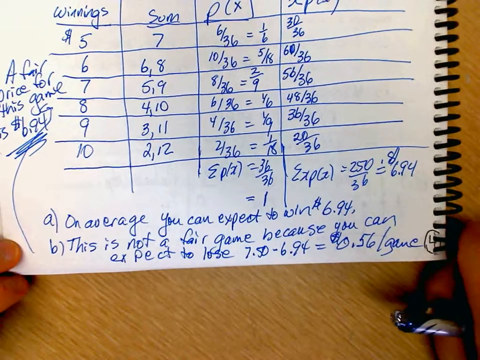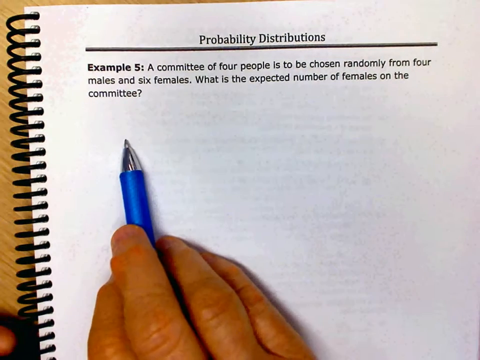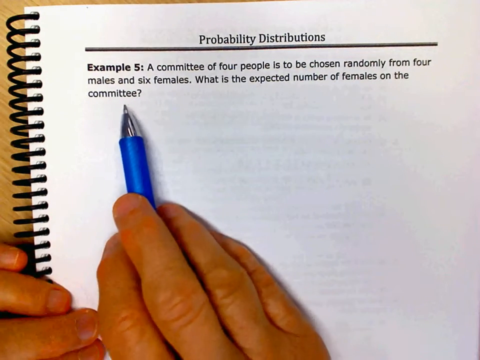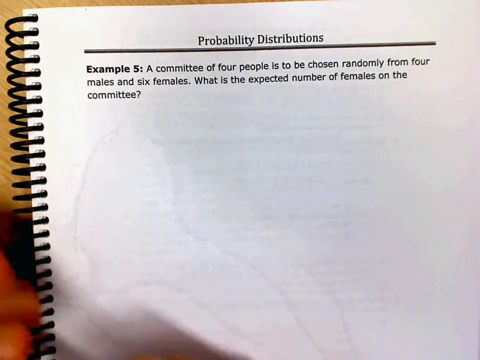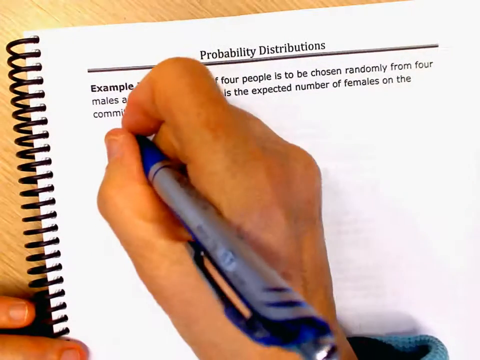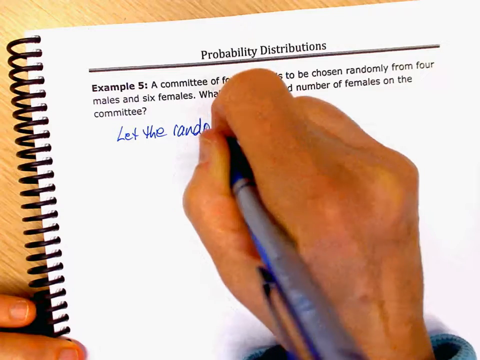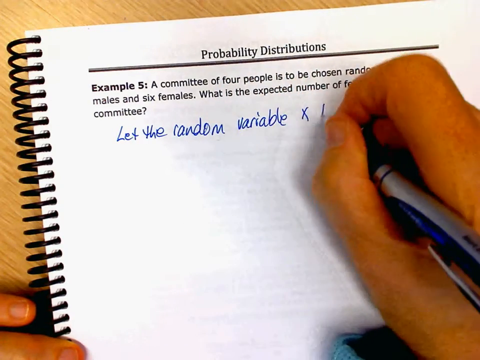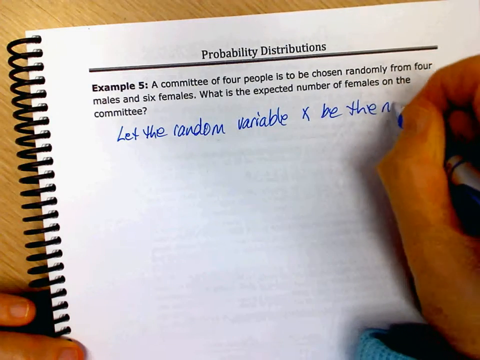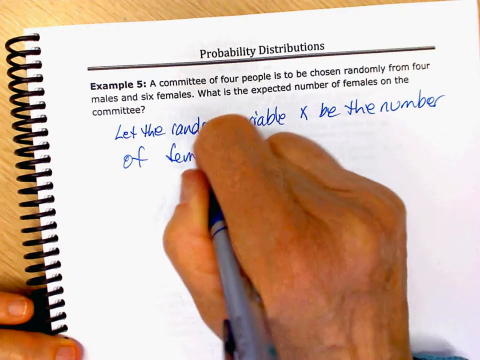Okay. A committee of 4 people is to be chosen randomly from 4 males and 6 females. What is the expected number of females on the committee? So let the random variable x be the number of females on the committee.